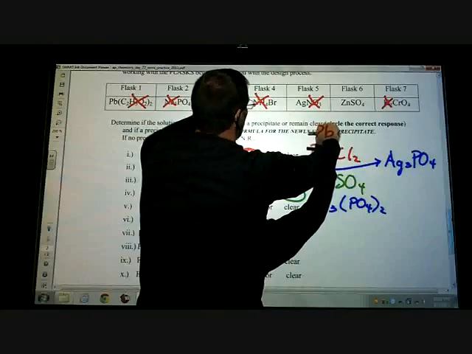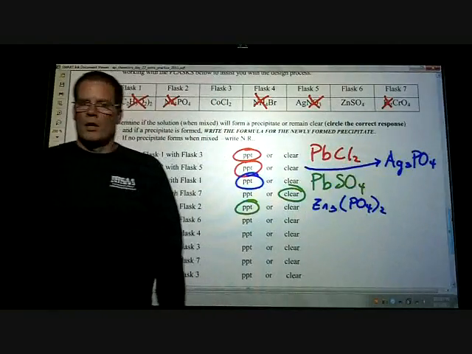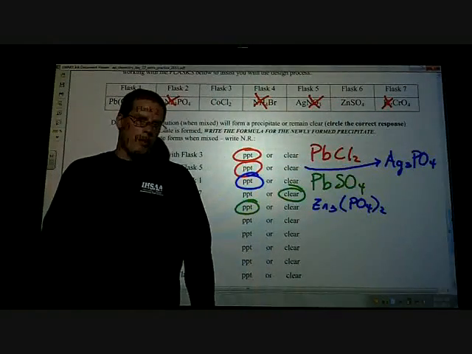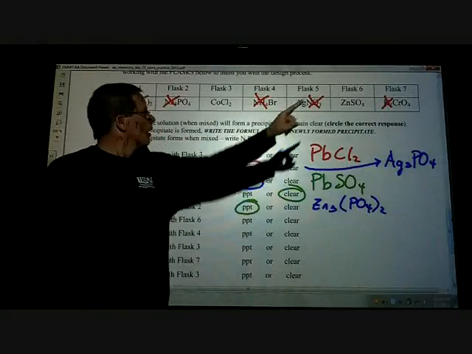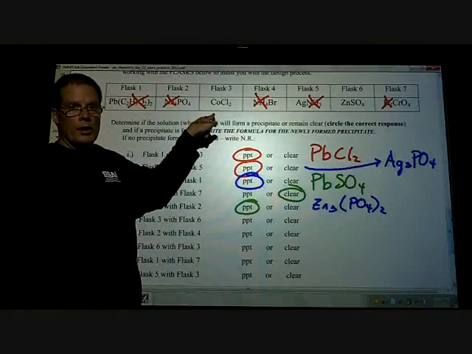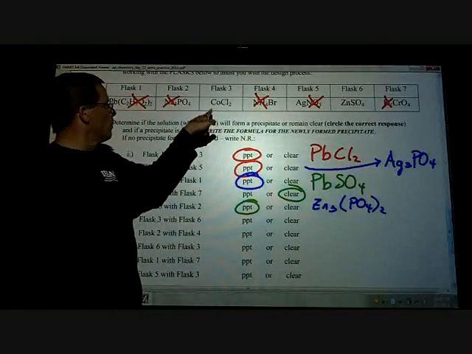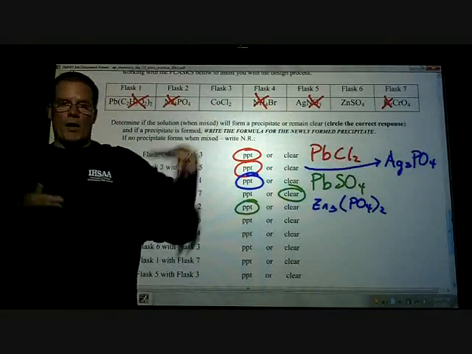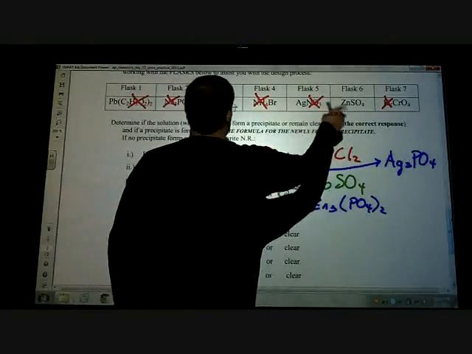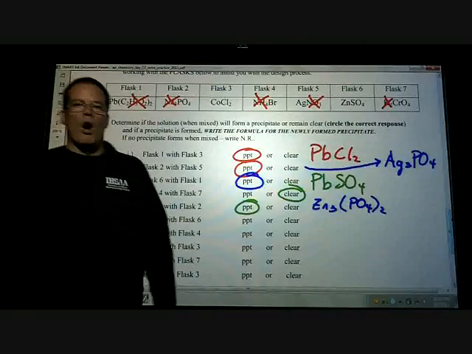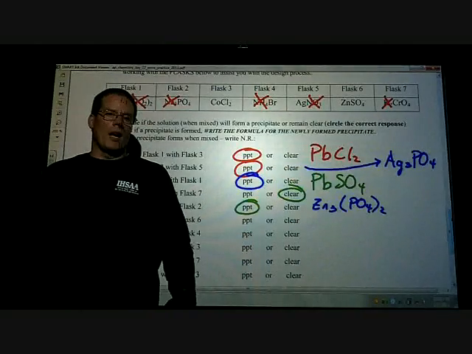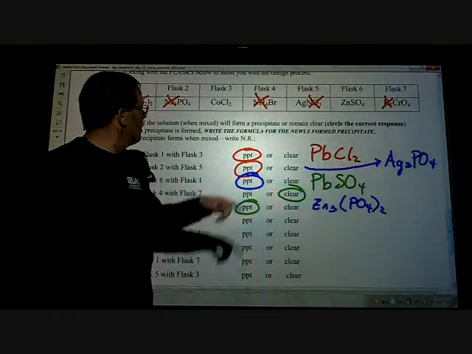Maybe. So cobalt with the sulfate. All sulfates are soluble except with Cold Beer and Pizza Hut. The cobalt is not cold, even though it looks probably like it should be. So cobalt sulfate is out. What about zinc chloride? Well, all chlorides, bromides, and iodides are soluble except with silver and lead.